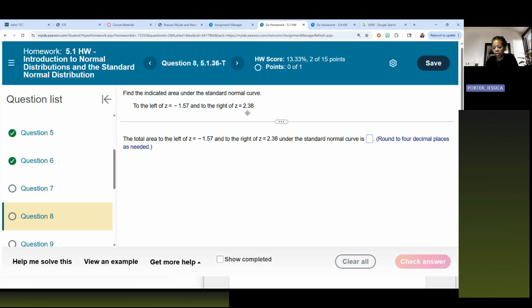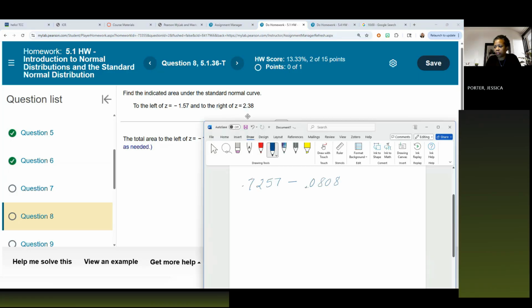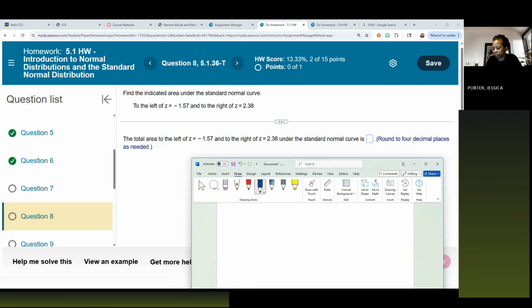Just in case you want to see what that looks like, you want to find the area on the curve to the left of negative 1.57, so you want to find this area, and you want to find the area to the right of 2.38.